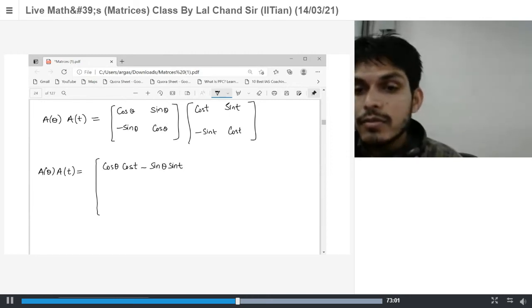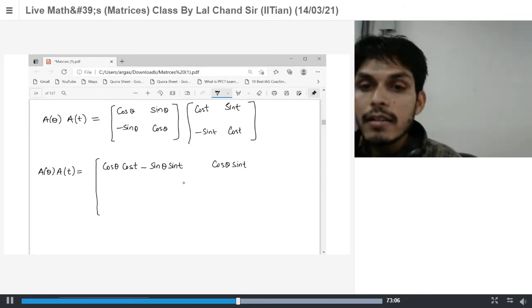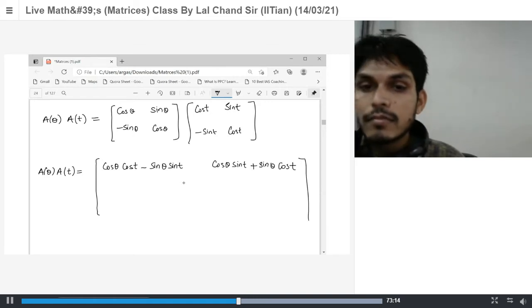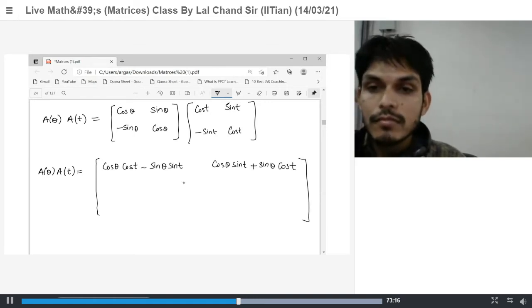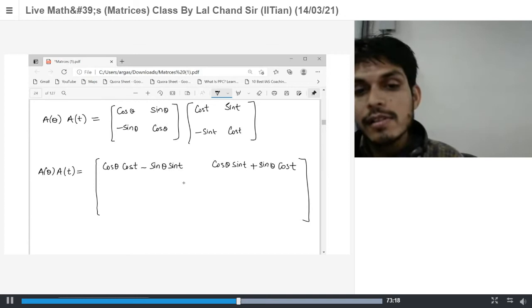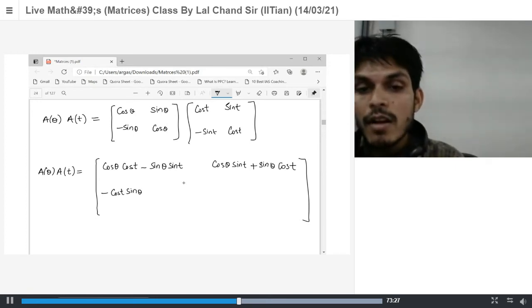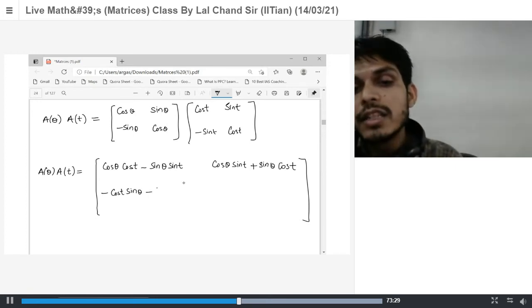This we have cos theta sin t, minus cos theta sin t, isn't it?